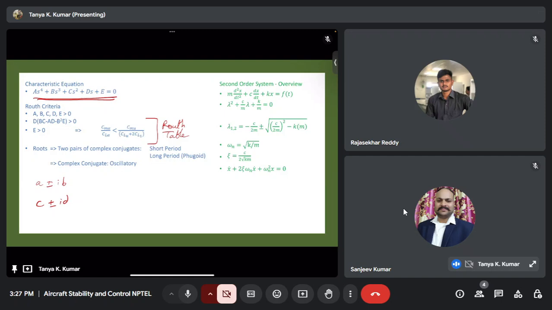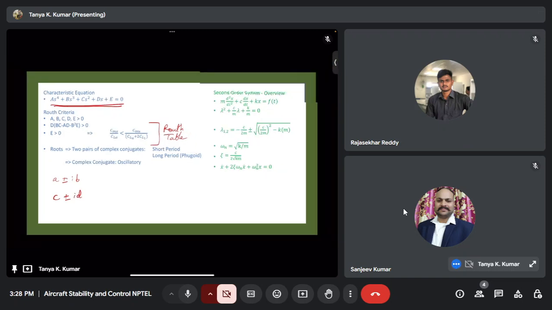One pair corresponds to the short period mode, and the other pair corresponds to the long period or phugoid mode. Both of these imply an oscillatory response, so over time the dynamic response of the system is oscillatory in nature.